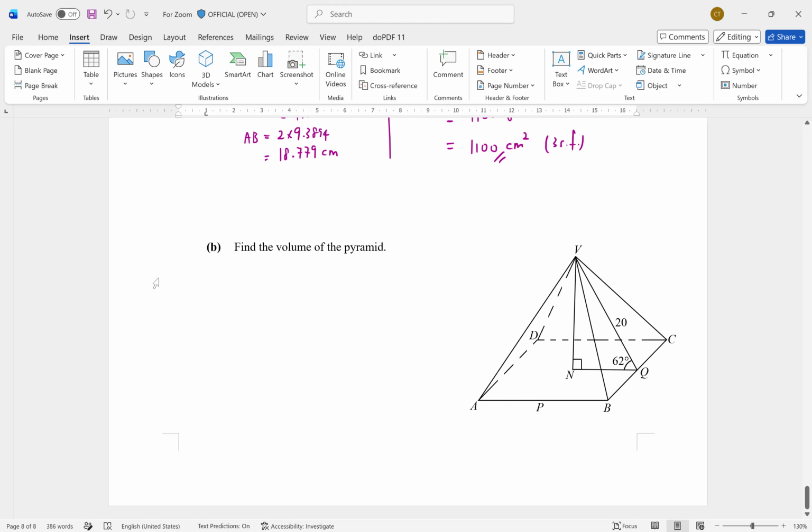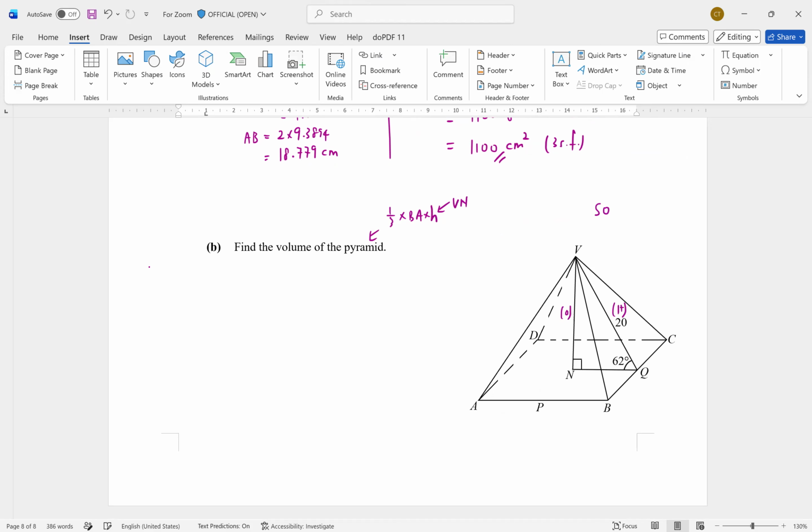Next part, we need to find the volume. We need to remember the volume of a pyramid is 1/3 times base area times the vertical height. The vertical height now is VN, so we need to know VN. Once again, we can use trigo ratio. The angle we have is 62. VN will be the opposite side and this 20 will be the hypotenuse.